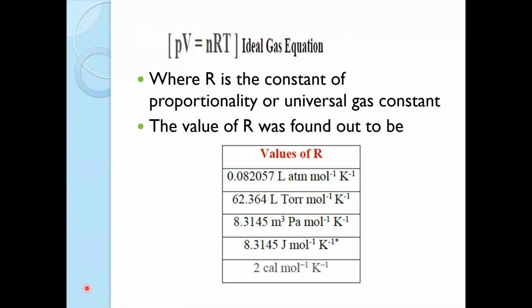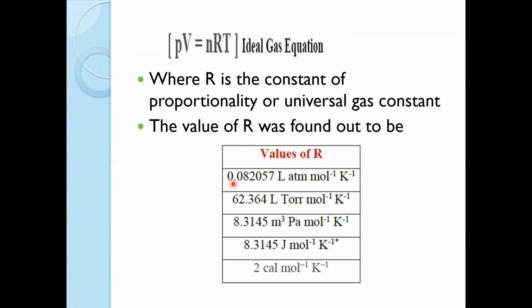The ideal gas law uses the formula PV equals nRT, where R is the ideal gas law constant. The value of R is listed in the table below.